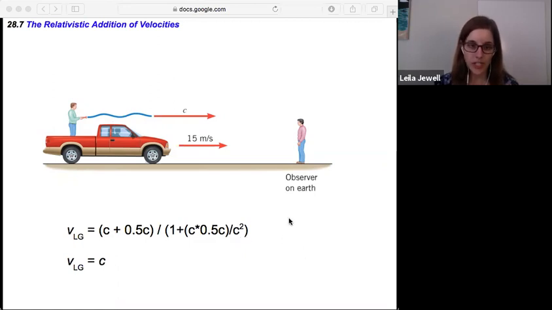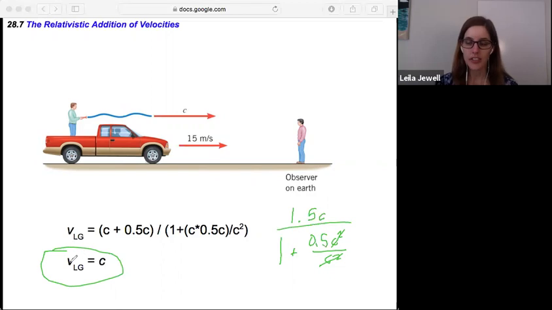Well, on the top, 1.5 c, and on the bottom, we have 1 plus 0.5 c squared divided by c squared. So those c's are going to go away. We have 1.5 c divided by 1.5. In other words, we just get c out at the end. So that's a relief as well, because since these are both inertial reference frames, every observer should observe light traveling at the speed of light based upon our postulate of relativity.